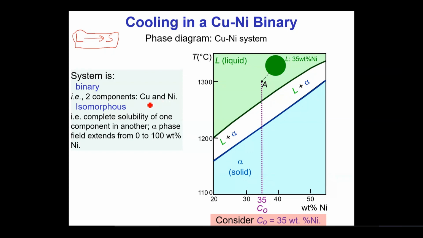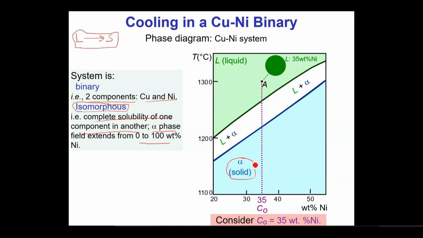We are again looking into the copper nickel system, which is a two component system, and it is an isomorphous system. Isomorphous means that there is complete solubility of one component in another. If you look at alpha phase, from 0 to 100%, although I'm showing you a portion of the diagram, you can have alpha present.